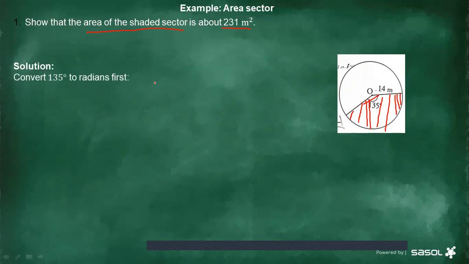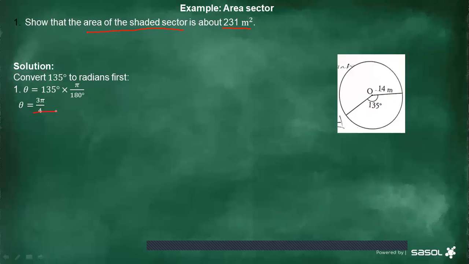Now first, like I've said, if you are being given the angle in terms of degrees, we always convert it to radians. So let us do that. You multiply that degree with pi over 180. Then the answer is going to give us 3 pi over 4.